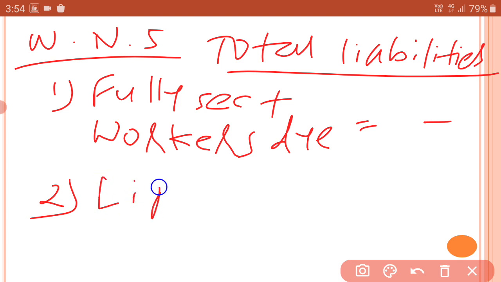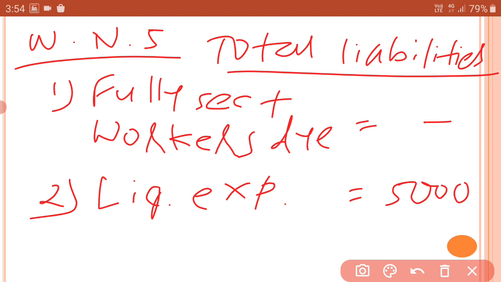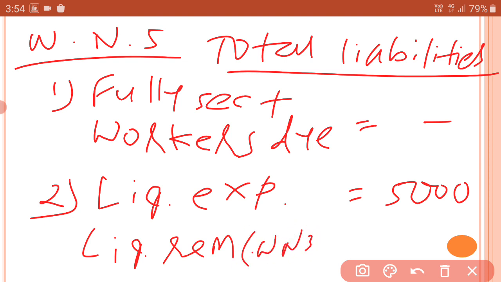In the second point, liquidation expenses. Liquidation expenses was given as 5,000 in point number 2 of the adjustments. And liquidator's remuneration, working note 3. Also write here in bracket working note 3. We calculated working note 3 for remuneration, 21,500. Clear?